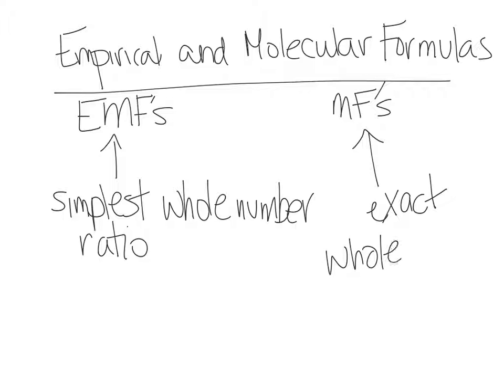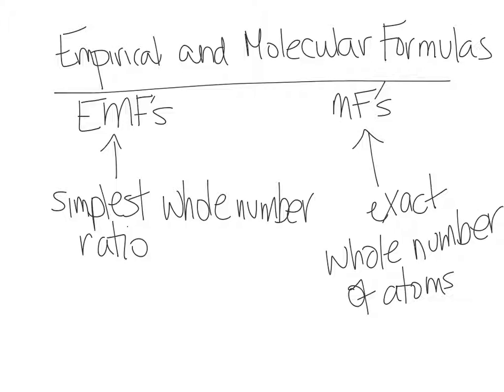And this is also on your sheet. So the difference between these two is one is reduced. So put a star beside that on your sheet. The molecular formula gives the exact whole number ratio of atoms within a molecule.